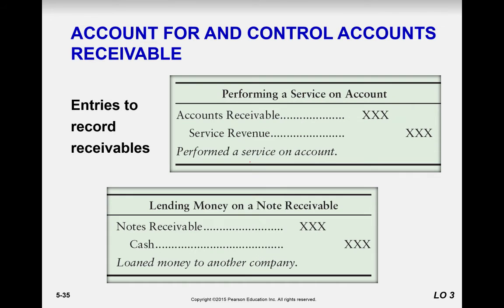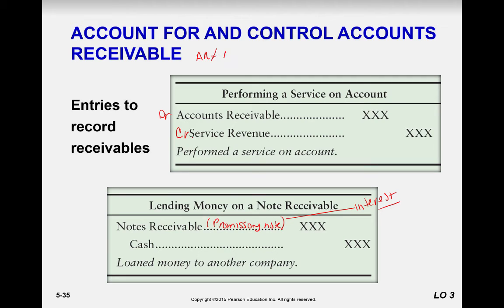So now what you have to know is how to record these items. If you are performing a service, you're going to debit accounts receivable and you're going to credit service revenue. For notes receivable, remember the only difference is the promissory note, which usually is a more formal document that you sign. And also remember with a promissory note, there's usually interest attached. With accounts receivable, you normally don't have interest.